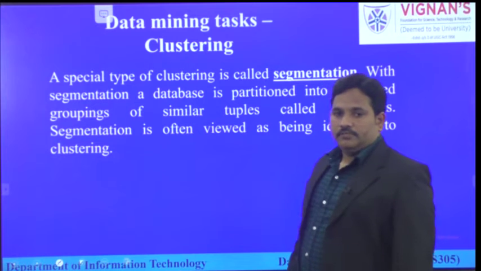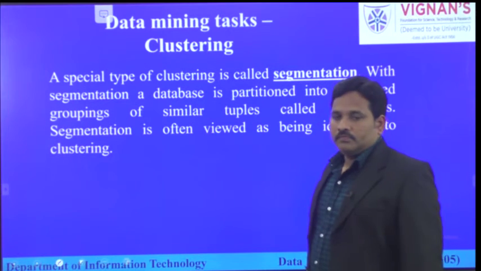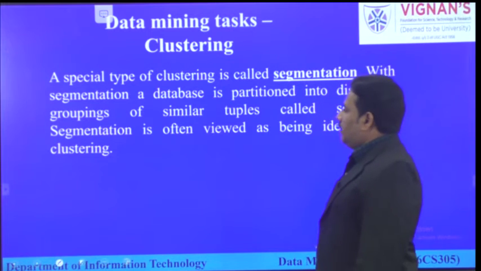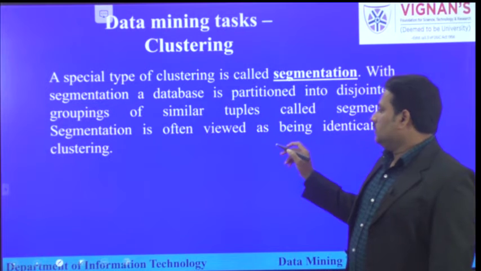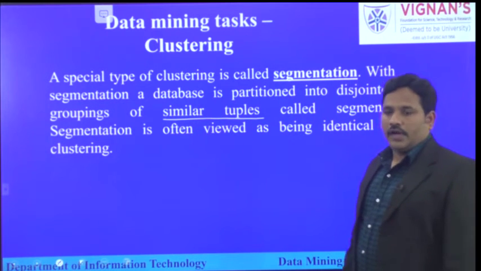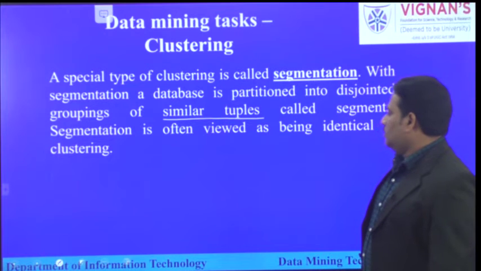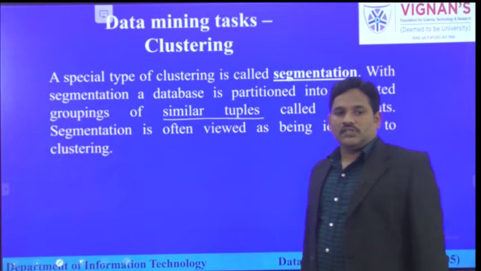In clustering we have one more variation called segmentation. A special type of clustering is called segmentation. With segmentation, a database is partitioned into disjoint groups of similar tuples. Segmentation is often viewed as identical to clustering.